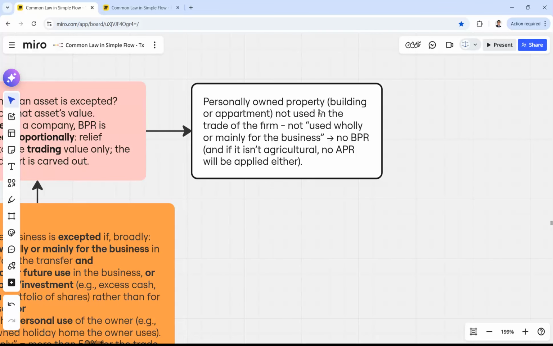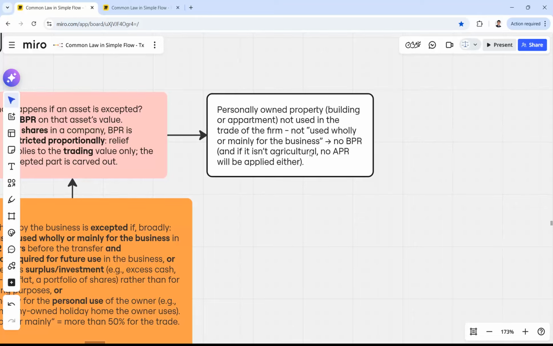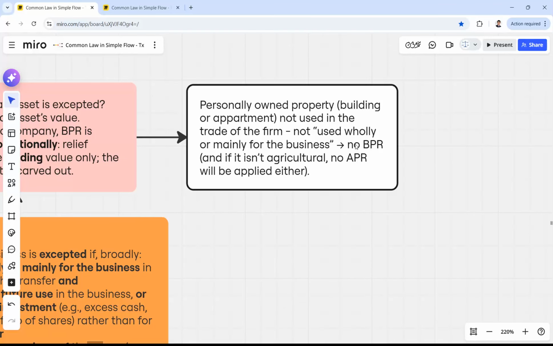Personally owned property, a building or apartment not used in the trade of the firm, not used wholly or mainly for the business, will not be subject to BPR. So there will be no BPR. And if it isn't agricultural, no APR will apply either. The agricultural property relief. So it's about personally owned property.